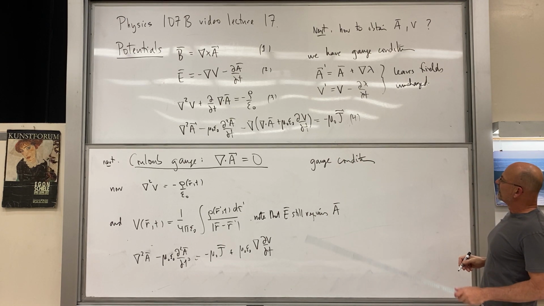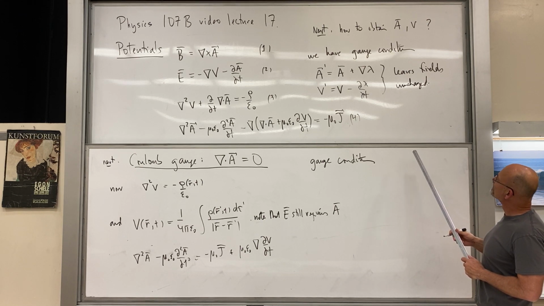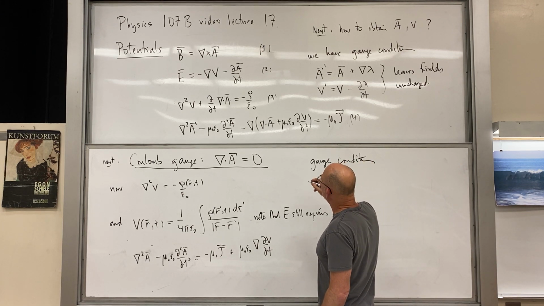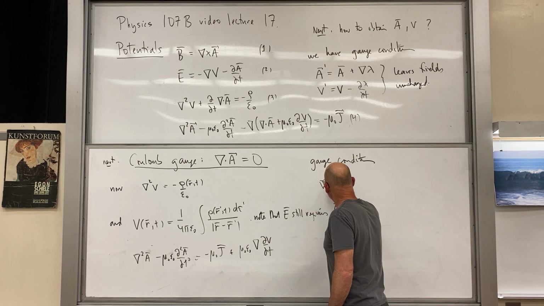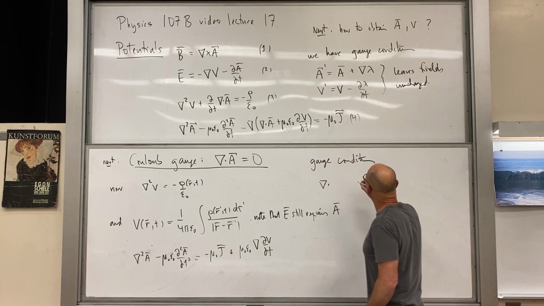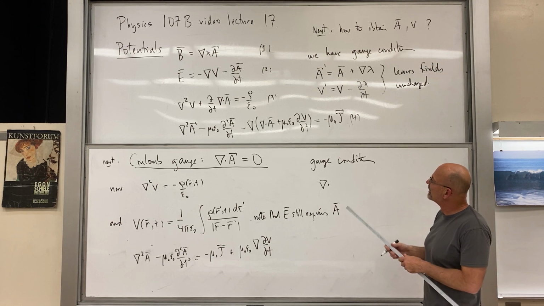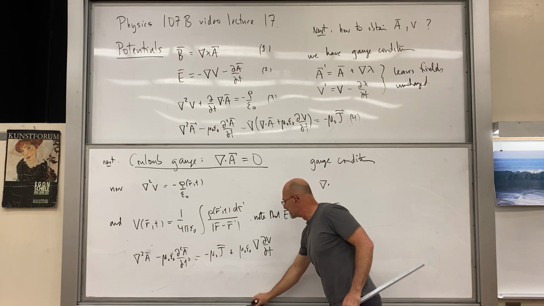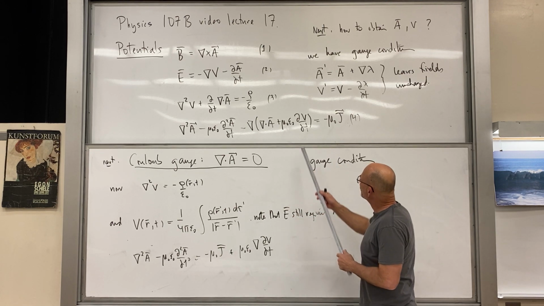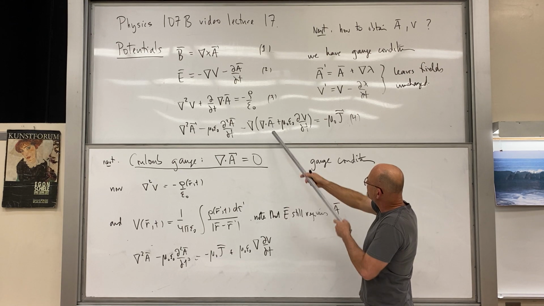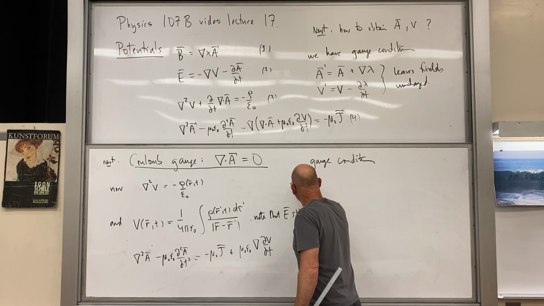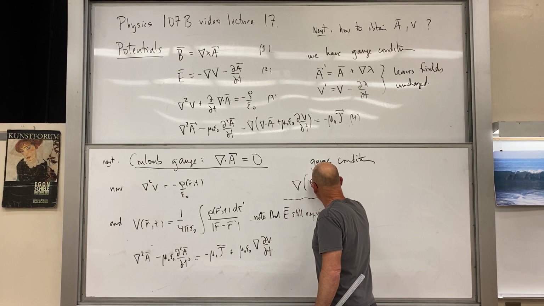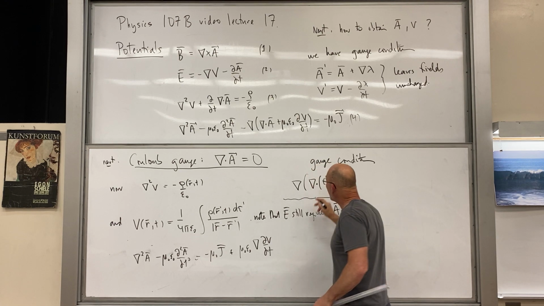So what do we have there? We have the divergence of A prime. Actually, we'll even write the gradient here. We're going to write this thing out with the gradient as well. So gradient divergence, and we'll put the A prime in.